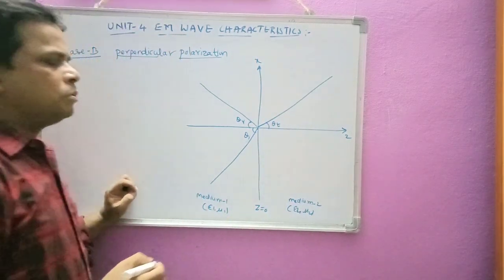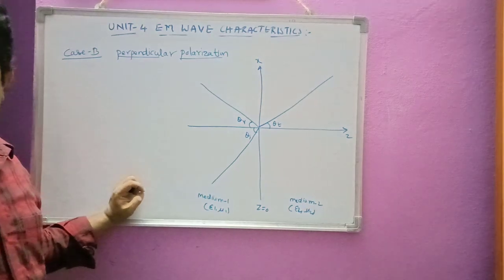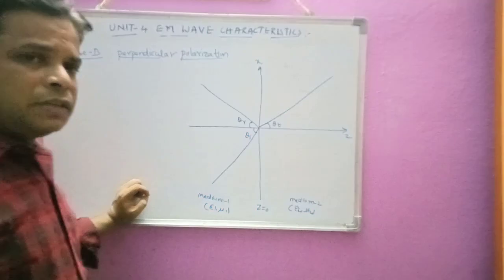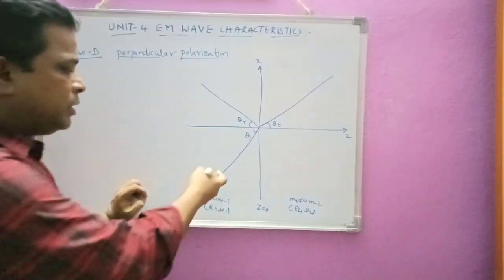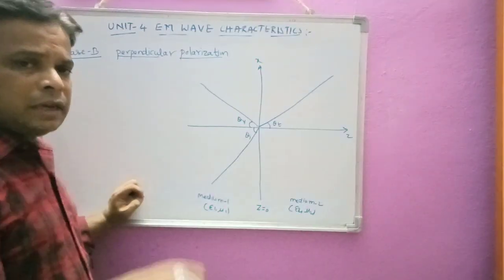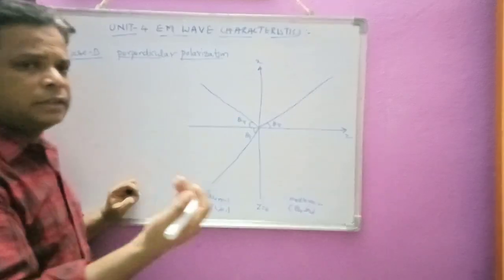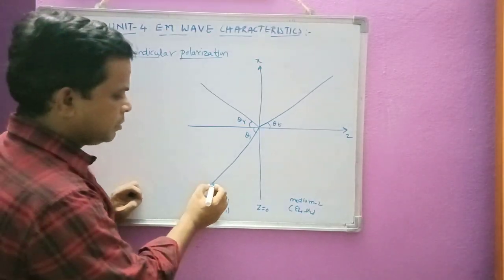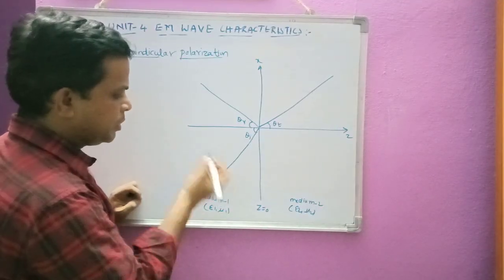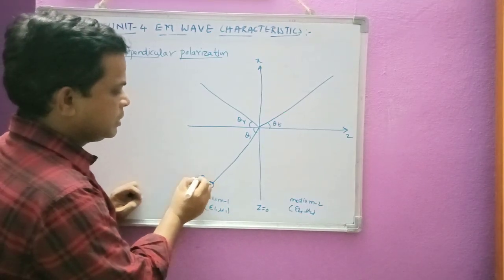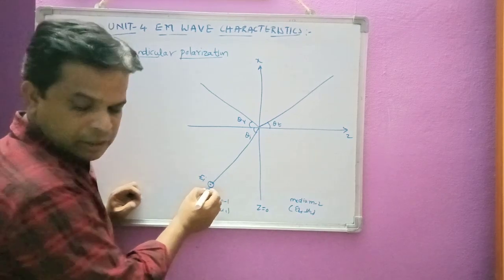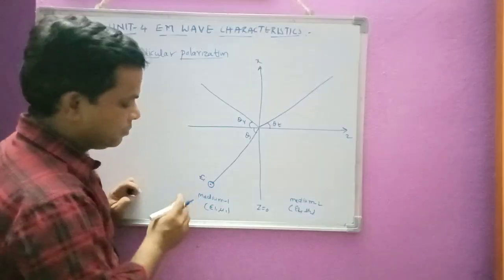Now we need to draw the electric fields and magnetic fields. As we have seen in the earlier class, here the electric field is along the y direction, that is perpendicular to this board. I draw the incident electric field EI perpendicular to the board, and the magnetic field will be along this direction.